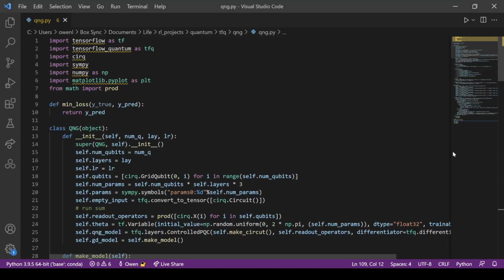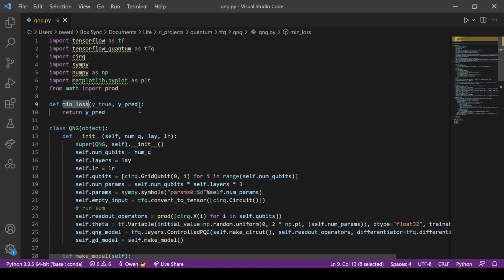All right, getting into the code now. We have our standard imports: TensorFlow, TensorFlow Quantum, Cirq, SymPy, NumPy, Matplotlib. We have this, which is just a trick, or I don't even know if this is necessary. Maybe my lack of TensorFlow knowledge is showing, but it's to directly minimize the output.